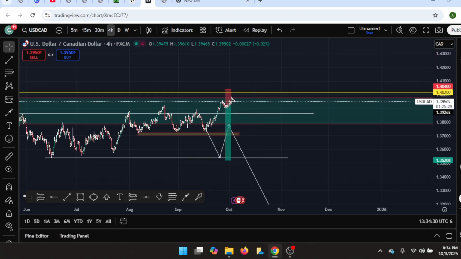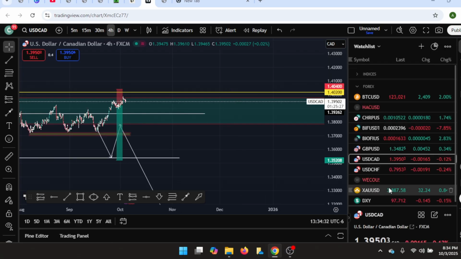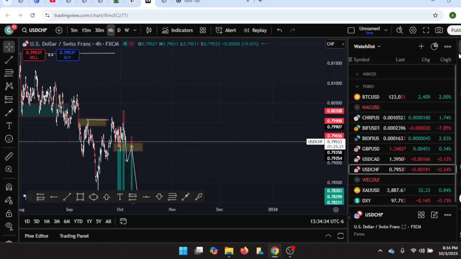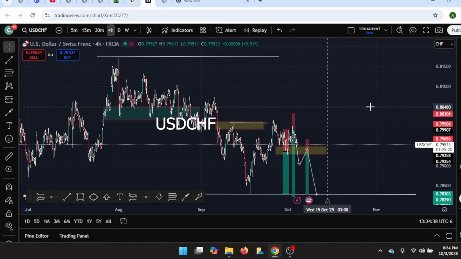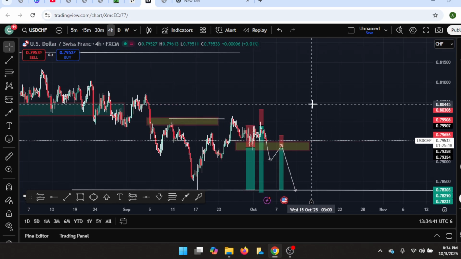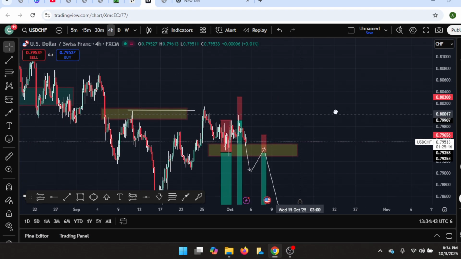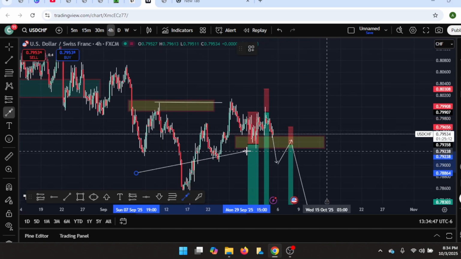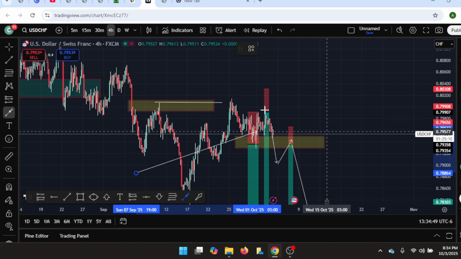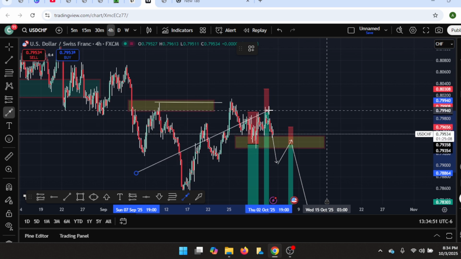Finally, let's go to USD CHF. We are still looking for USD for entries for USD CHF. It is still sell. What happened? This trade was a loss. My original plan was to see how it will pull back into this zone for me to take a sell.